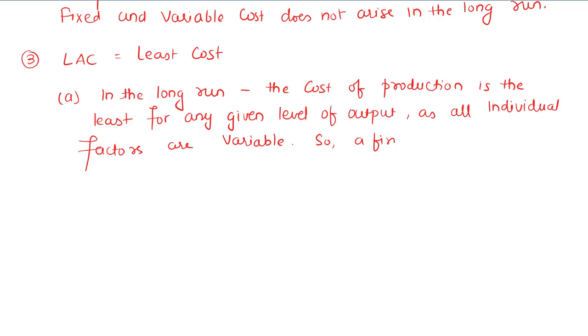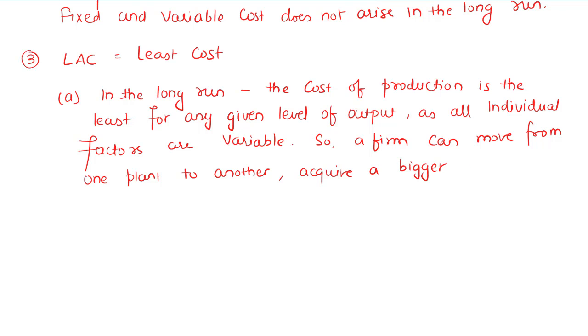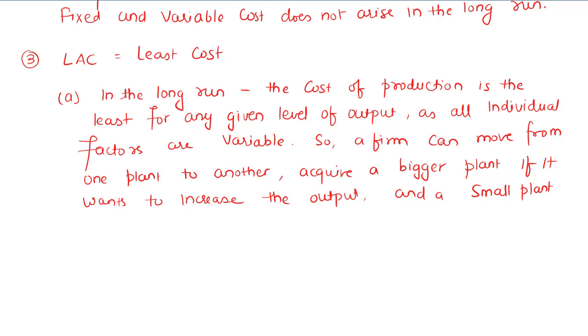So a firm can move from one plant to another, acquire a bigger plant if it wants to increase the output, and a small plant if it wants to reduce its output.